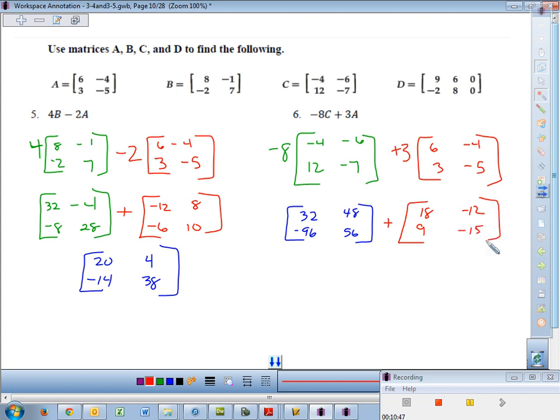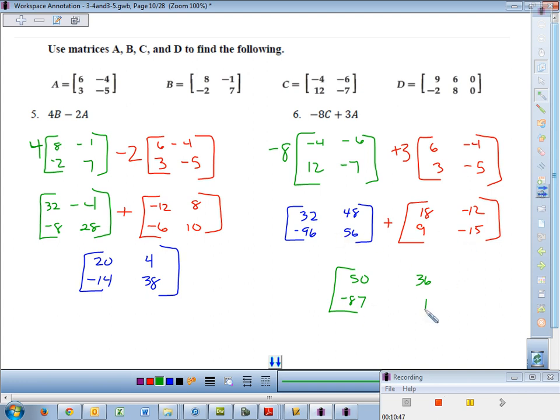And once you get them, add them together. Negative 87, right? Is that right?